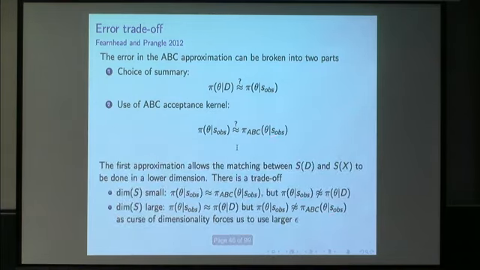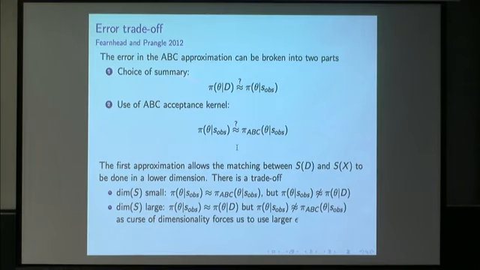If the dimension of S is small, we've got a large compression of the data. We've taken our high dimensional output D, compressed it down a long way, and so we've lost a lot of information. So this approximation is poor, but when we come to search for close matches in this lower dimensional space, search is easier, and so it's easier to get a close match, and this error will be smaller.